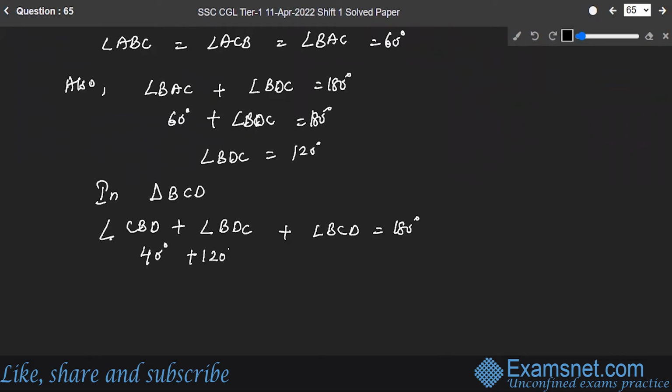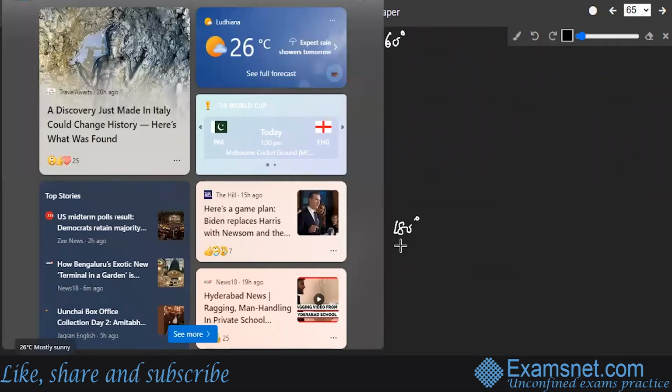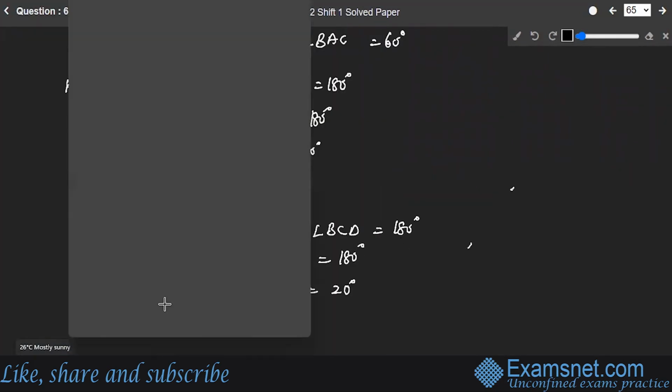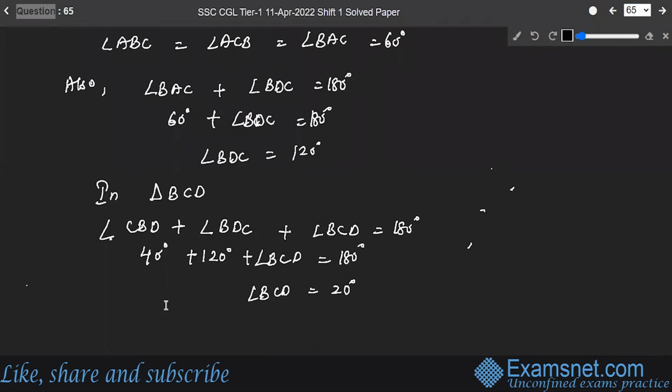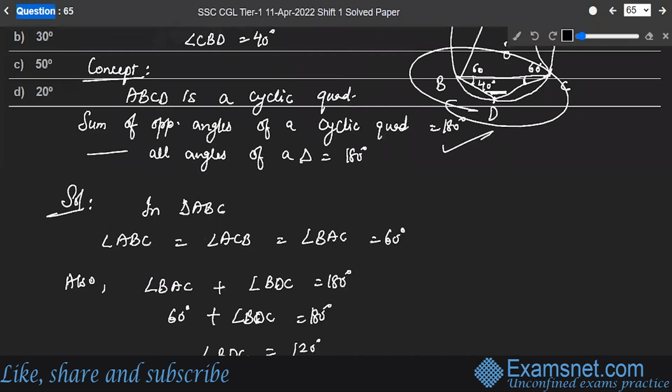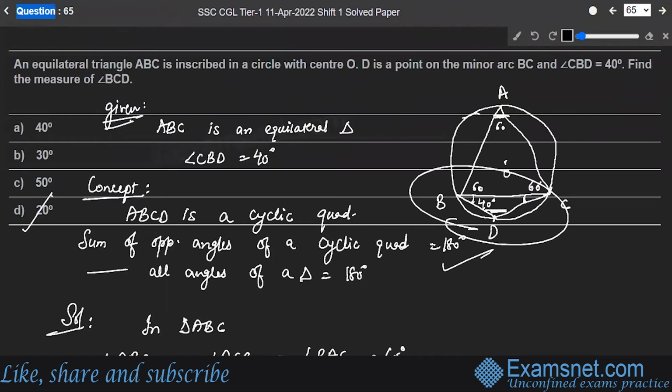We just saw BDC is 120 and BCD we have to calculate. So what will be angle BCD? This will be equal to 180 minus 120 minus 40. This is equal to 20 degrees, which is your answer. Let's see the options. Option D is the correct answer for this question.